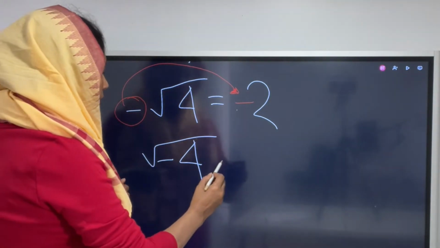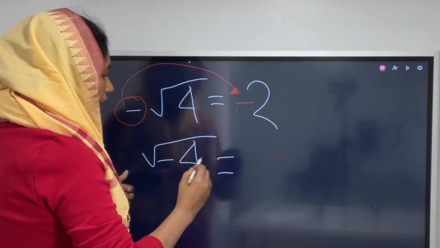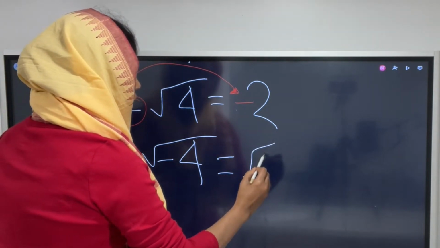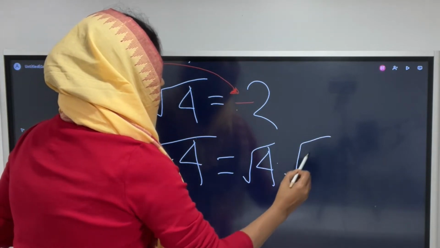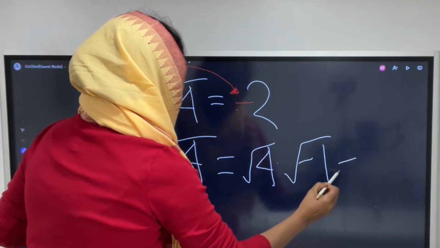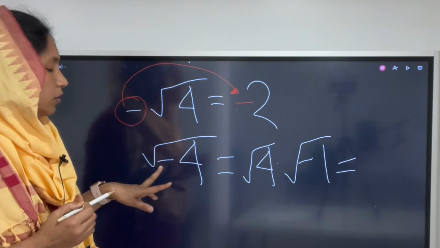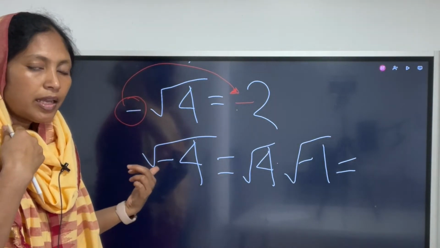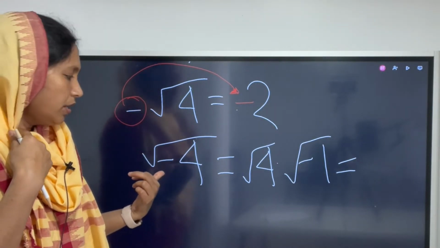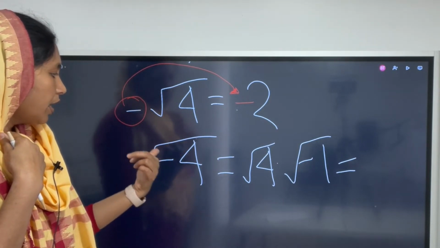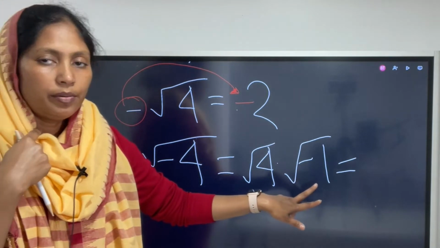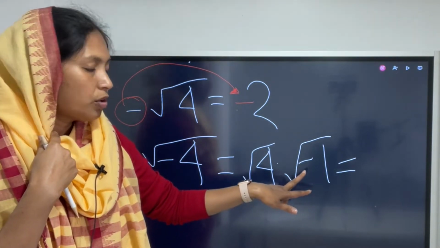So how are we going to get that? We're going to multiply the square root of 4 times the square root of -1. Here we see the negative sign inside the square root, right? To remove the negative sign inside the square root, you have to multiply by the square root of -1.